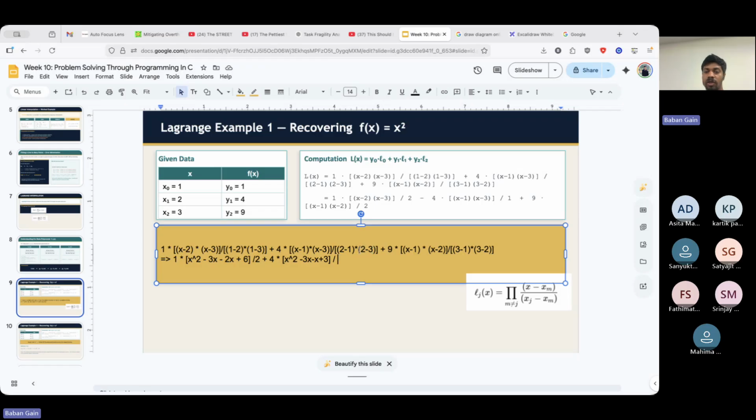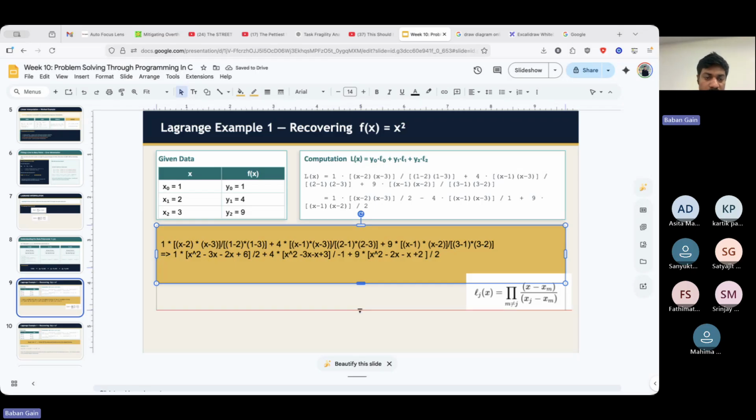So it is like 1 into minus 1 is minus 1. So 2 divided by minus 1. Then 9 into here x, it will be like x square minus 2x minus x plus 2, divided by 3 minus 1 is 2 and 3 minus 2 is 1. So 2 into 1 is 2.